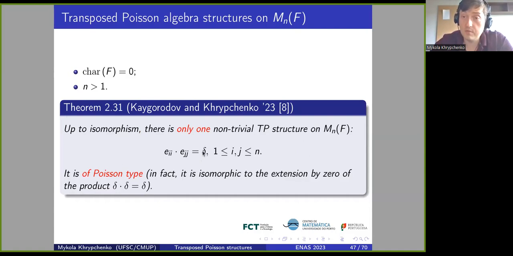And it is, of course, of Poisson type, because you just multiply the two elements of the complement of the square, and the result belongs to the center. It has an even simpler description. It's just the extension by zero of the product delta squared equal to delta, where, I recall, delta is the identity matrix. Of course, it's of Poisson type.